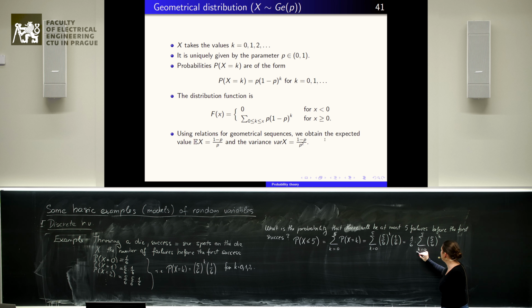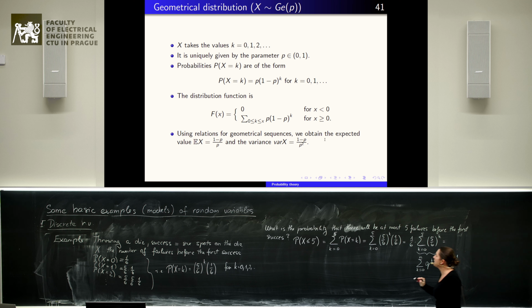And probably you remember that this is a geometric series, and in general the sum for k from 0 to n of q to the power k, where the absolute value of q is less than 1, but it must be in our case because we work with probabilities, is 1 minus q to the power n plus 1 over 1 minus q.